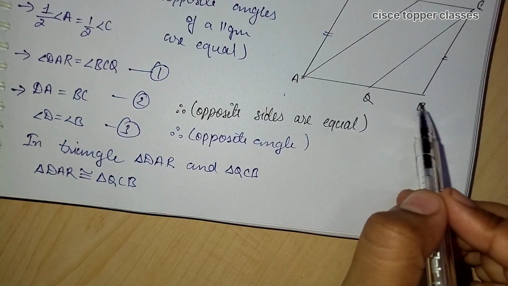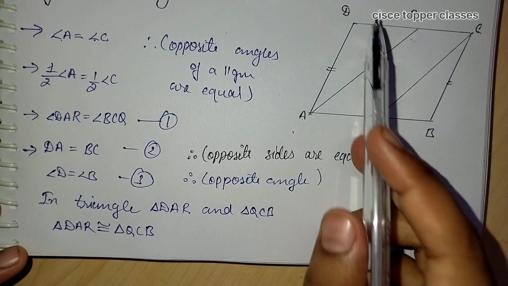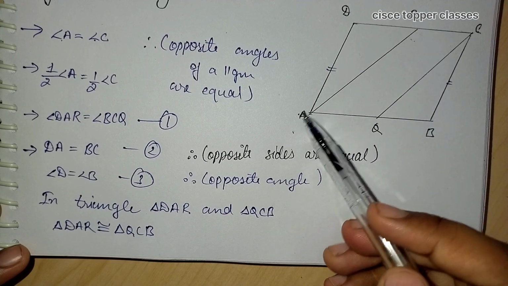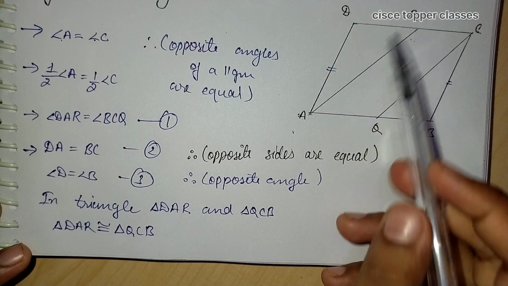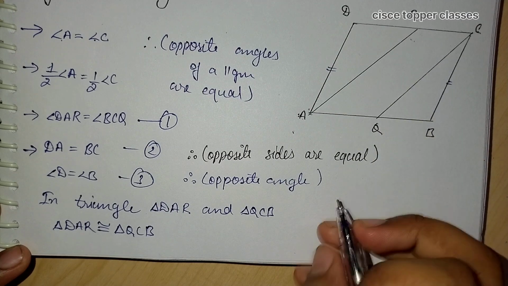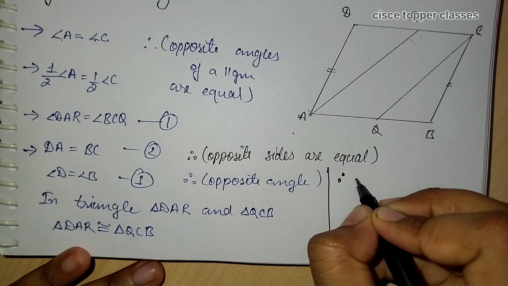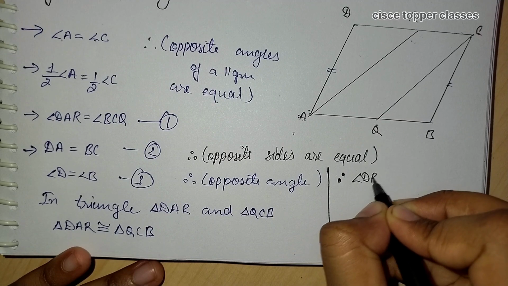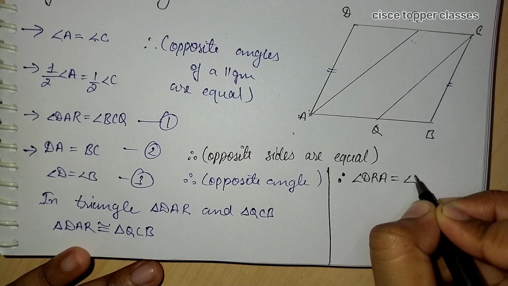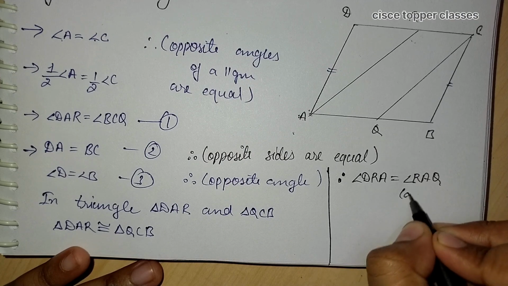Now, as AB is parallel to DC here in a parallelogram, we can say that angle DRA is equal to angle RAQ, as they are alternate angles.